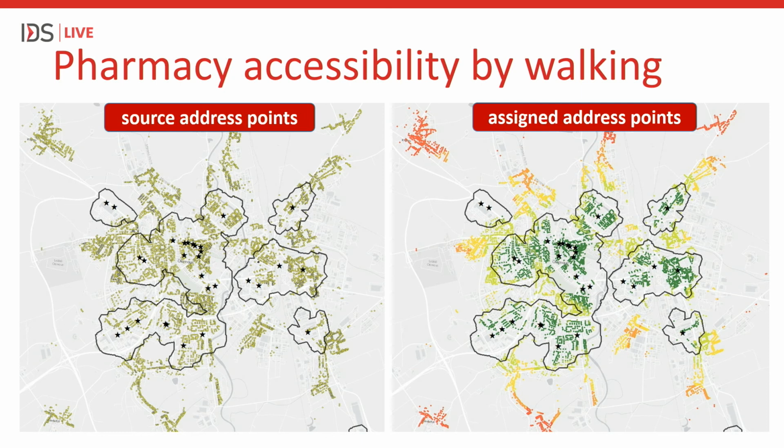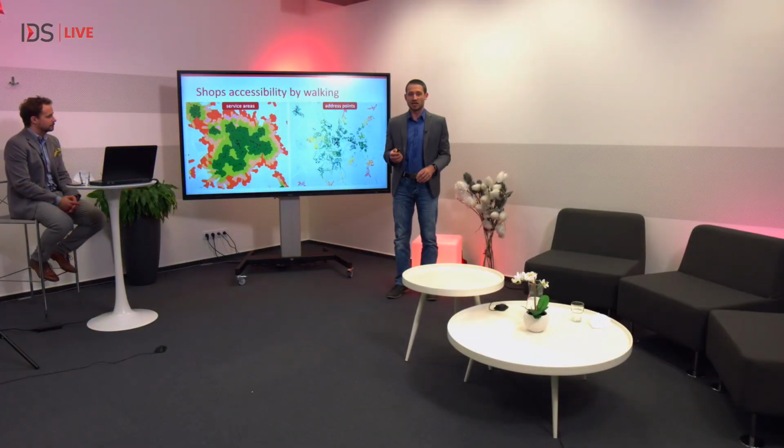It means that if I look at this map as a businessman and I want to create a new pharmacy shop in Olomouc, I can define where are probably the best places where people live and where there is no pharmacy store. Similarly, we did this analysis for shops and for different categories.